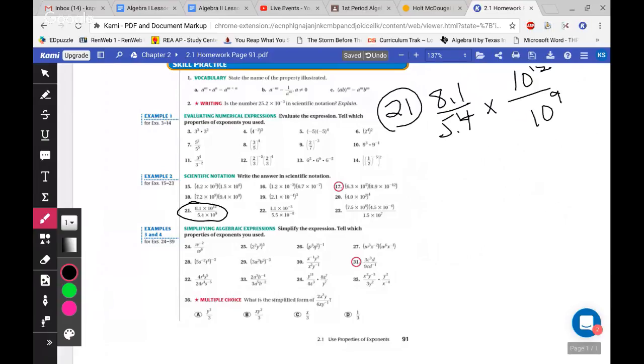So this equals 1.5. And then here, you're going to subtract 12 minus 9, and that's going to give you 10 to the 3rd.